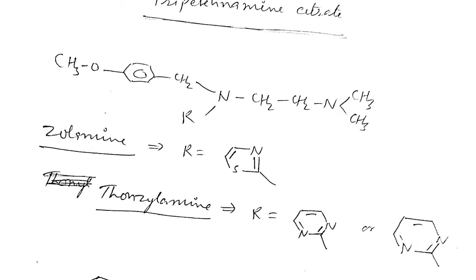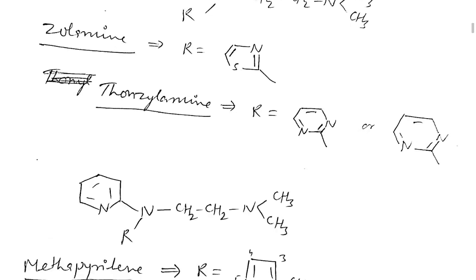One nitrogen should be in the tertiary form by the dimethyl substitutions, and the other nitrogen is substituted by aromatic groups or a heterocyclic nucleus, with electron-rich groups like methoxy. That is what we are discussing in the chemistry of the ethylene diamine category of drugs.